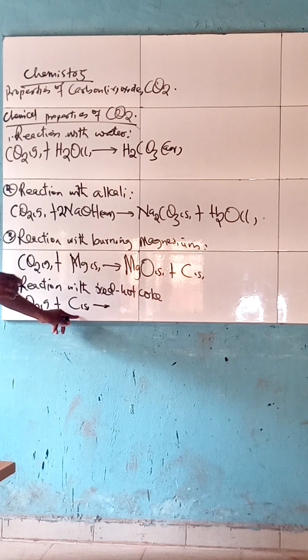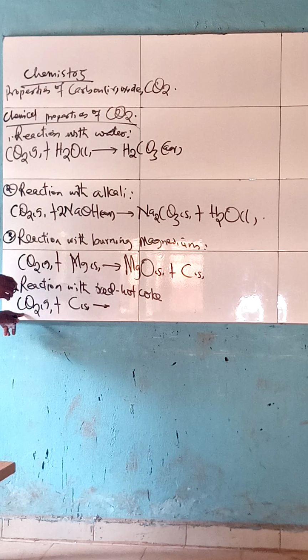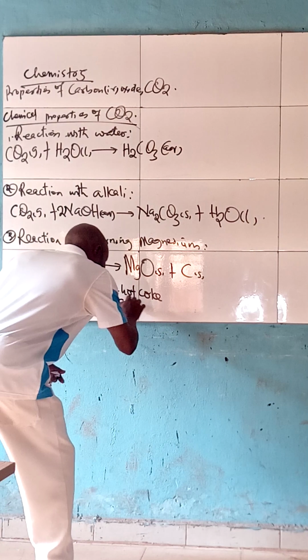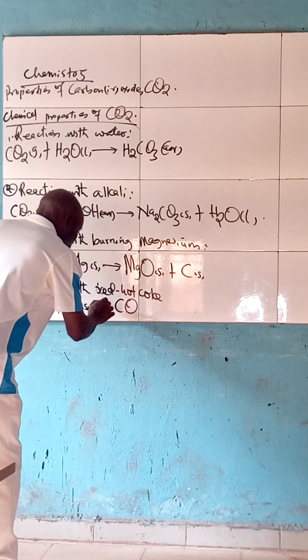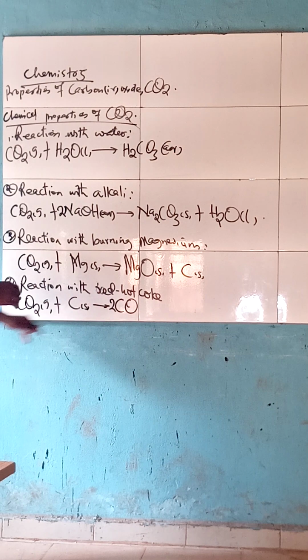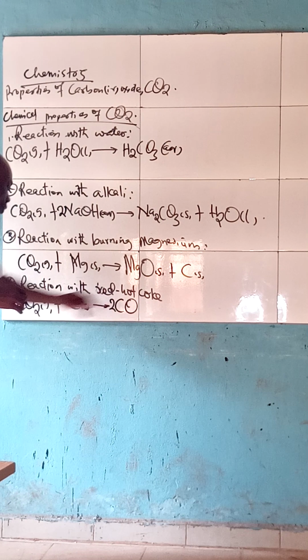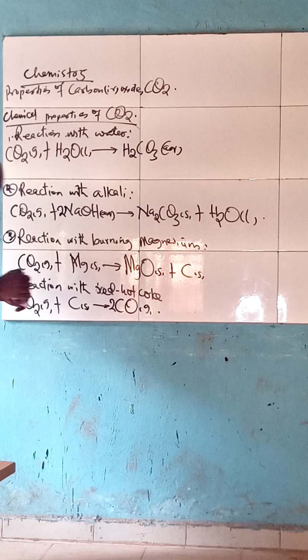Of course, this red hot coke is a powerful reducing agent, and its function is to reduce carbon dioxide into carbon(II) oxide. Balancing it, 2 carbon, 2 oxygen. This is also in the gaseous state.